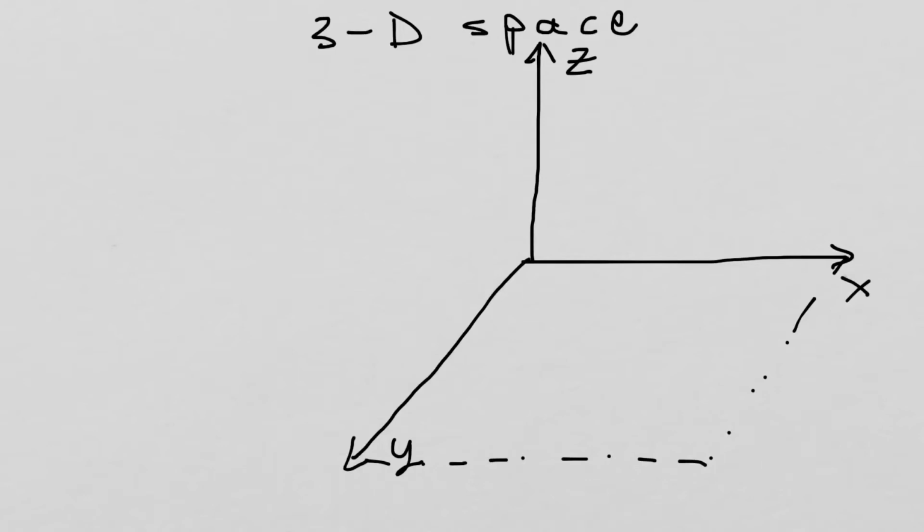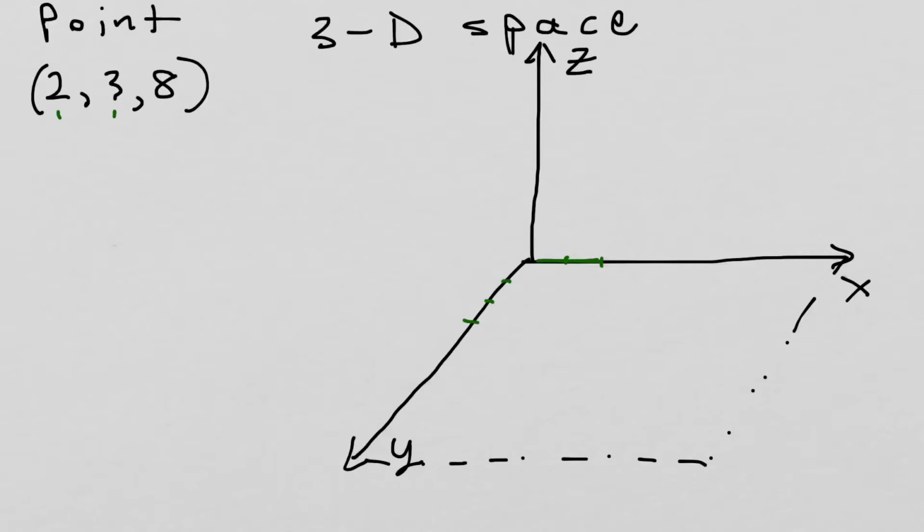So if I were to plot a point in 3D space, let's say I wanted to plot the point 2, 3, 8. So I would go out in the x direction by 2, and then I would go out in the y direction by 3.